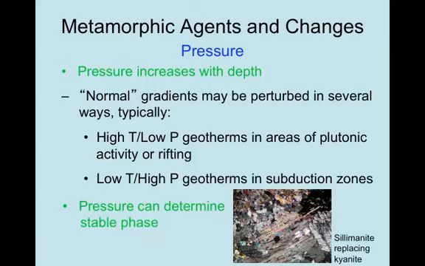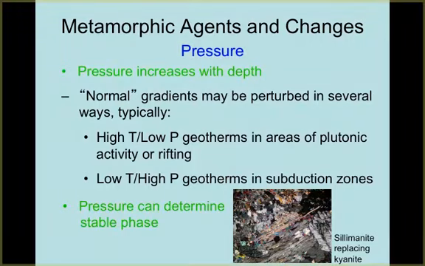Or we might have an area of low temperature and high pressures, for instance, in a subduction zone. I've showed you that before, where you drag down the isotherms and keep the crust relatively cool compared to the depth and pressures that it's at.